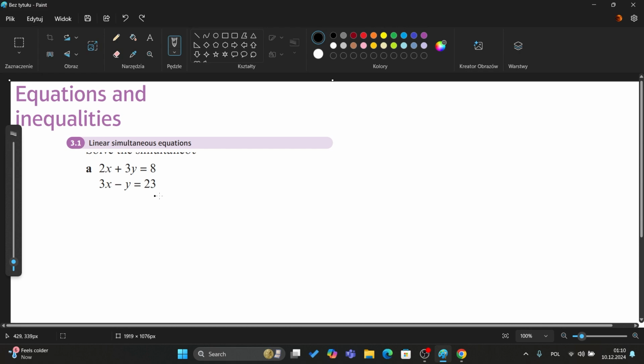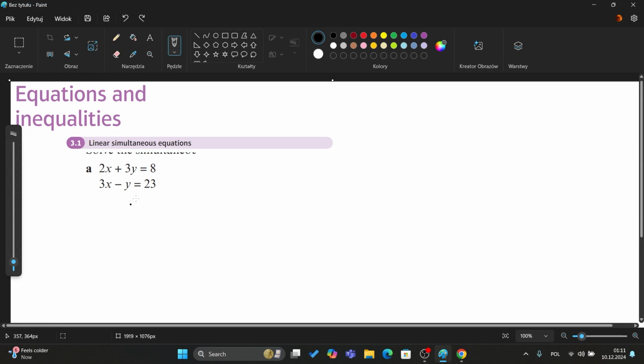Another technique is called substitution. In substitution, in one equation you find the value of y to substitute into the second equation to find the value of x, or you find the value of x in the first equation, replace it with the value of x in the second equation to find the value of y.